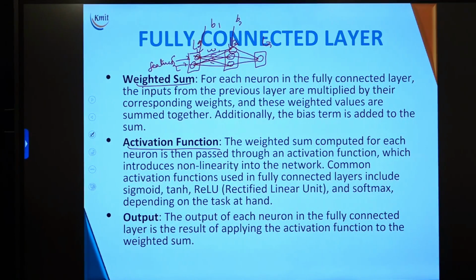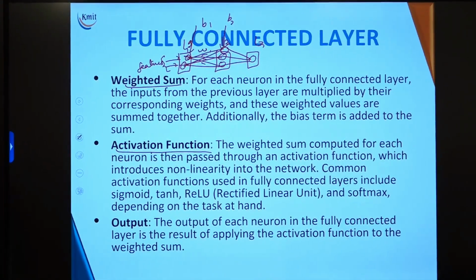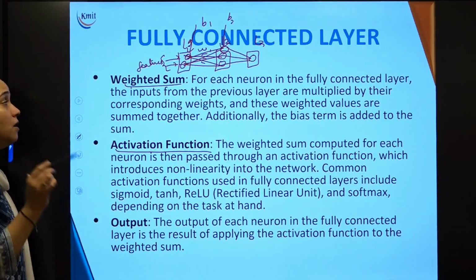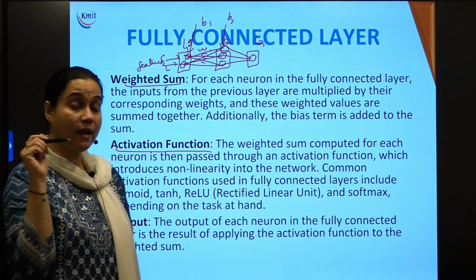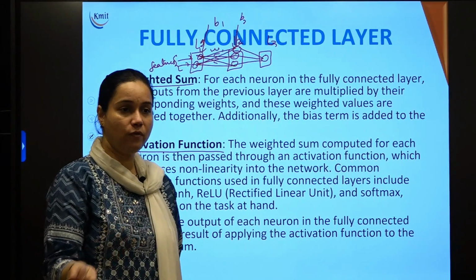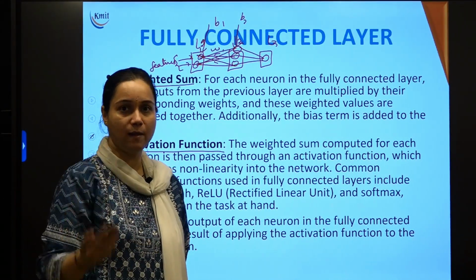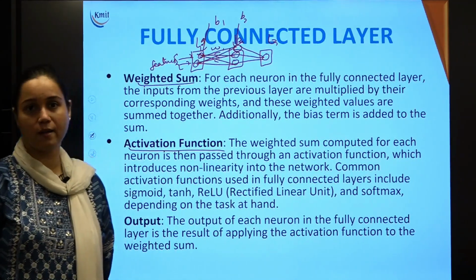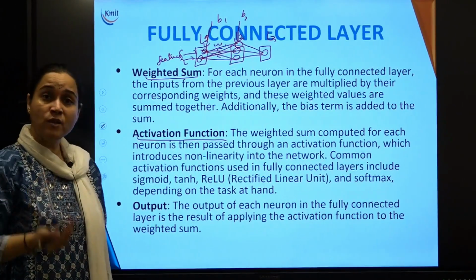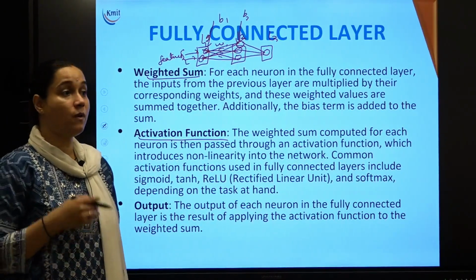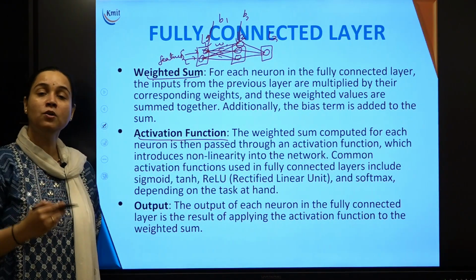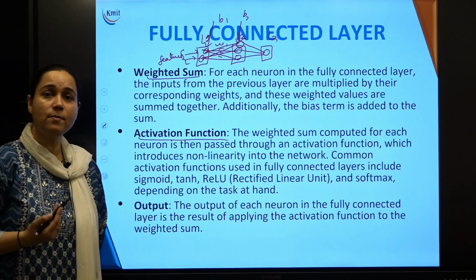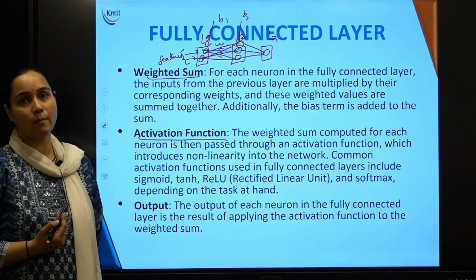The weighted sum computed for each neuron will then be passed through an activation function. What is the purpose of the activation function? I told you, why are we using a multi-layer perceptron? A fully connected layer is actually a type of multi-layer perceptron model, right. But why are we choosing this dense layer or fully connected layer? Because you want the model to be capable of solving non-linear problems also.